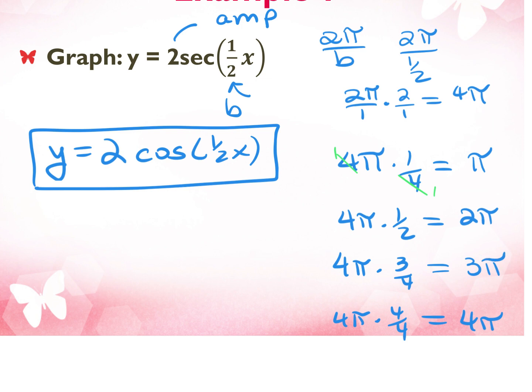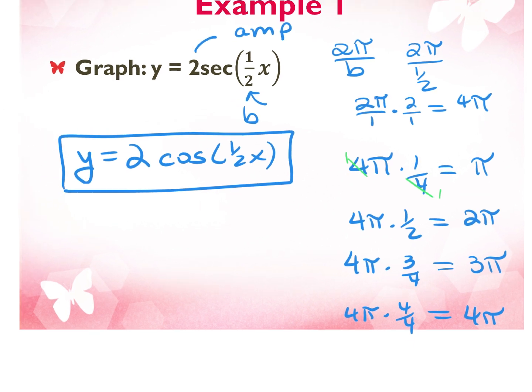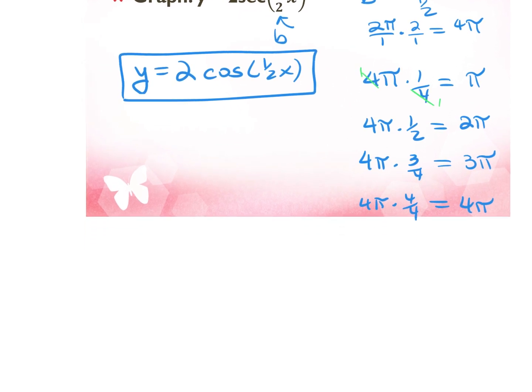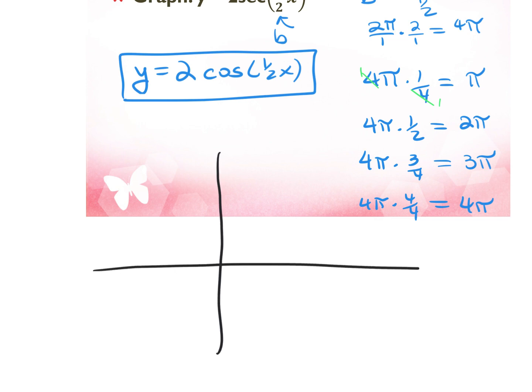So now we're going to graph the cosine graph first, and then we're going to add in the asymptotes, and then at each max and min, we're going to add in the parabola shapes. So let me go ahead and set this up. I'm going to put my key points along the x-axis.